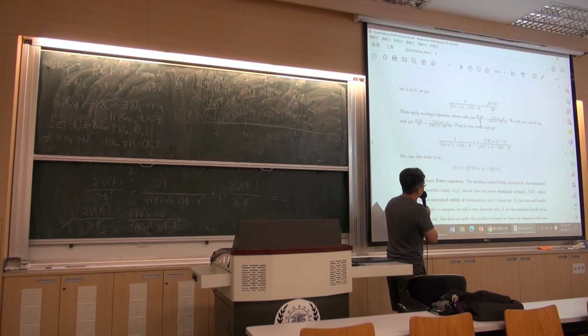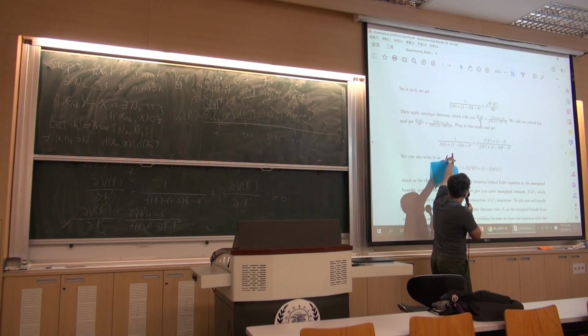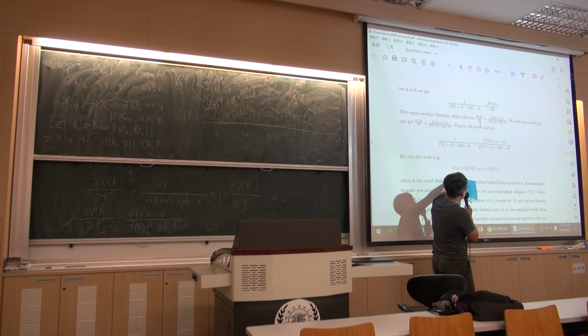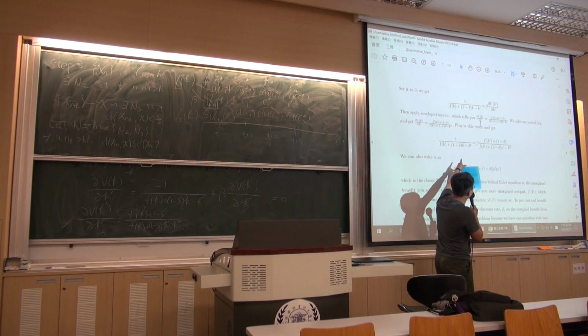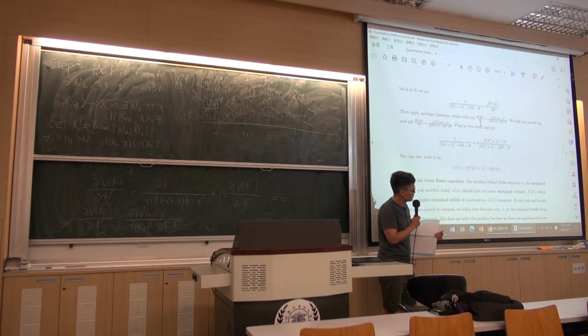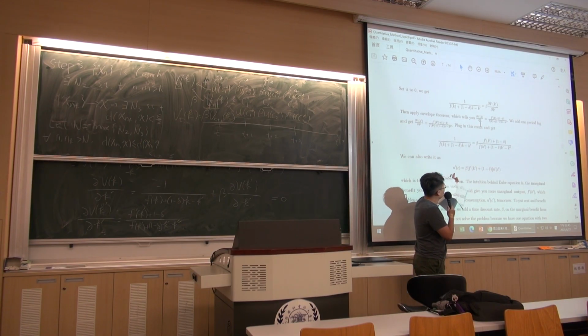On your left hand side is the marginal utility. If we put c back into these equations, this is actually the first order derivative with respect to c on your left hand side.